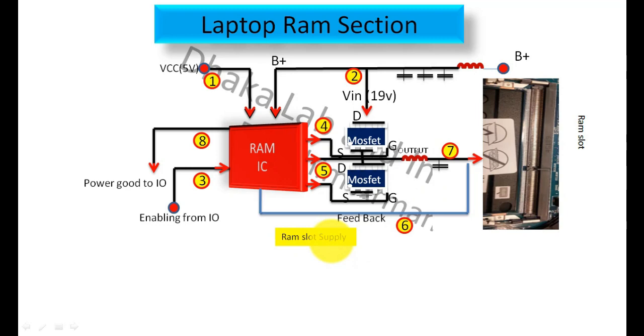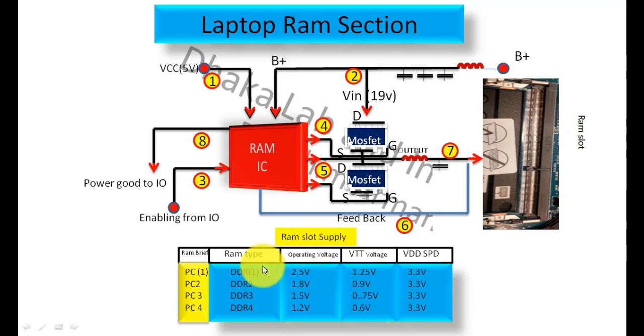I have made a chart here showing how we will get those voltages, and there are some very important matters. Here we can see how we will understand the RAM.